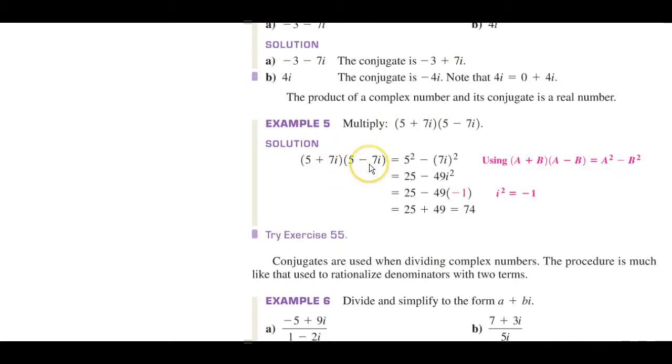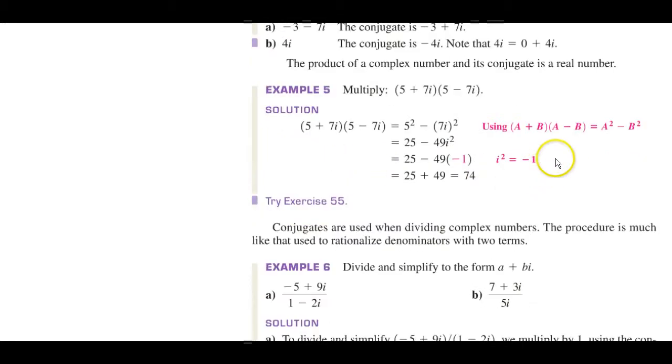When you do, again, the middle terms cancel out, but often what happens, when you square the i, you get an i squared, which is a negative 1, which reverses this sign from negative to positive. And we end up with this from multiplying conjugates.